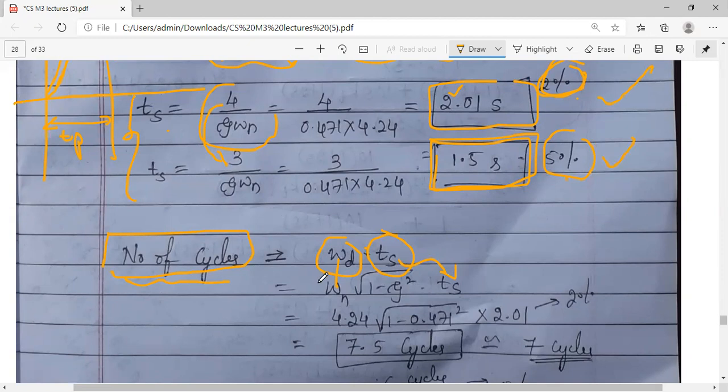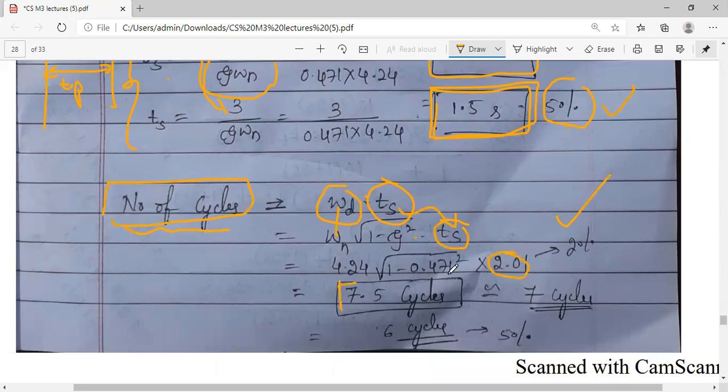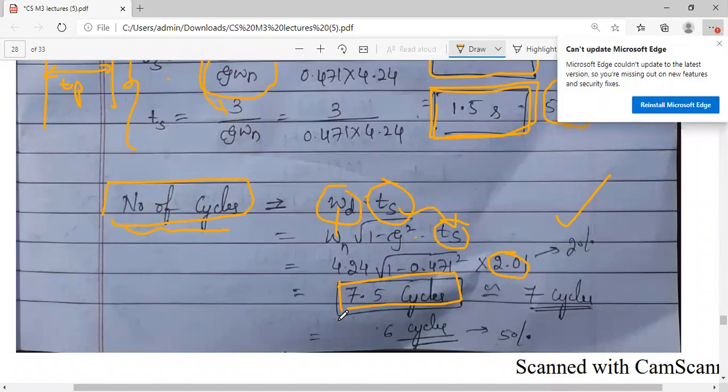So let us go for the number of cycles also 2 times. One time I will check for 2%, where I have taken the TS value as 2.01. I will get 7.5 cycles approximately. You can either make it 8 cycles or 7 cycles, it's up to you. Approximation, because cycles cannot be in fractions, right? A whole number is needed, so make it either 7 or 8.